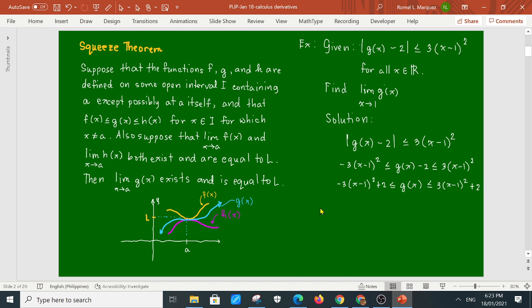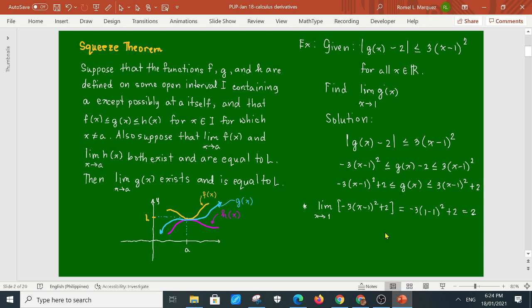Okay? So let's take the limit of the left side, as x approaches 1, of negative 3 times (x minus 1) quantity squared plus 2. What's the answer? As x approaches 1, this approaches negative 3 times (1 minus 1) quantity squared plus 2, and that is equal to 2.